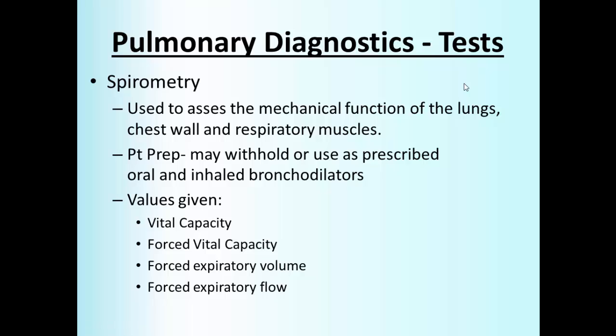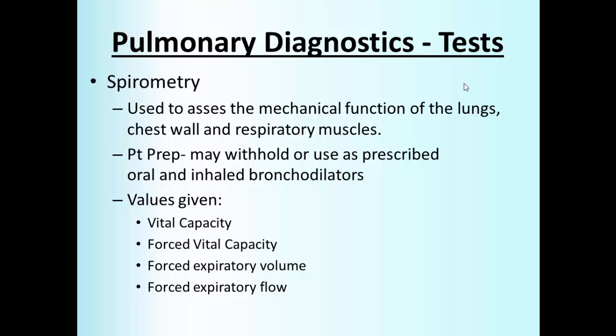The first one we'll talk about is spirometry. Spirometry is used to establish baseline lung function, evaluate dyspnea, detect pulmonary disease, and monitor effects of therapies used to treat respiratory diseases, evaluate respiratory impairment, evaluate operative risk, and perform surveillance for occupational-related lung disease.